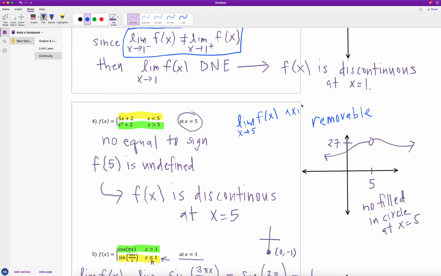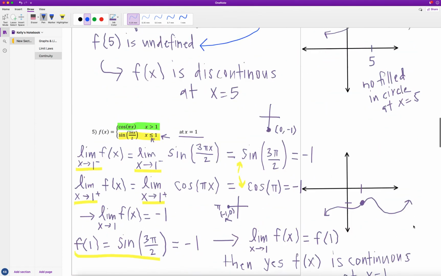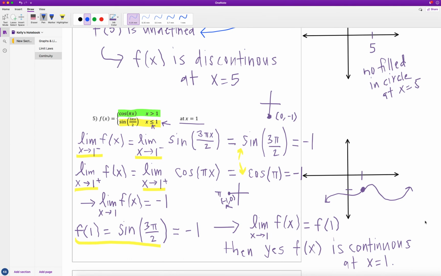Now we technically didn't show this, so we would want to actually show this, and that is an E. So the limit as x approaches 5 of f of x exists, which we would still need to show, but what we used earlier was that f of 5 is undefined. So we would say that piece, which makes it a removable discontinuity. And then in our fifth example, it was continuous, so no type of discontinuity to find there.